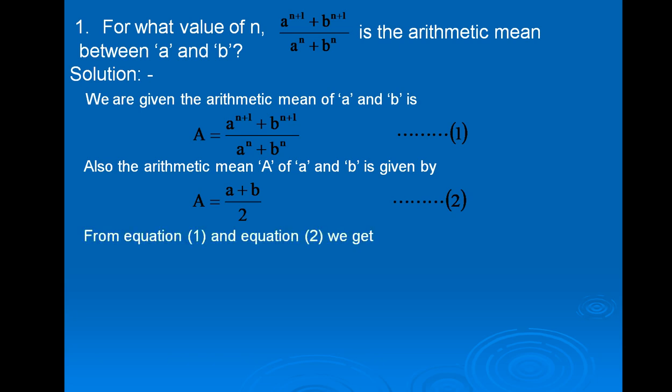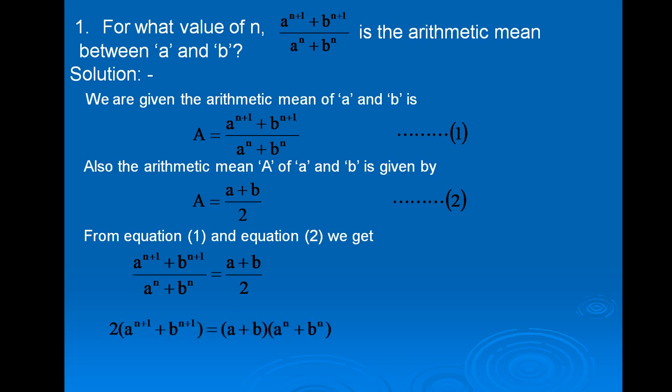From question 1 and question 2, we get (a^(n+1) + b^(n+1)) / (a^n + b^n) = (a + b) / 2.